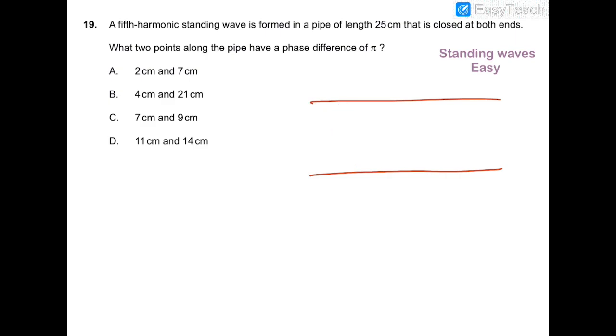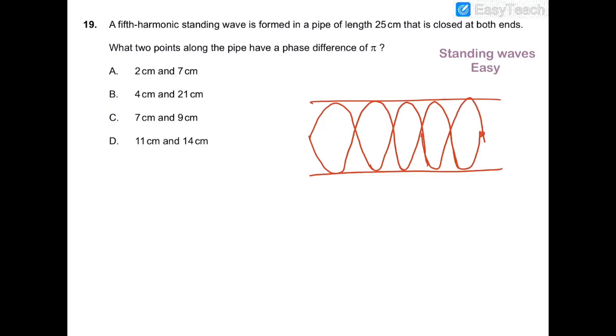So if we consider it as a displacement wave, we can draw the nodes also at the closed ends and you can see that there would be 5 loops because it is in fifth harmonic. So these would be 5 loops and this length of the pipe is 25 centimeter.